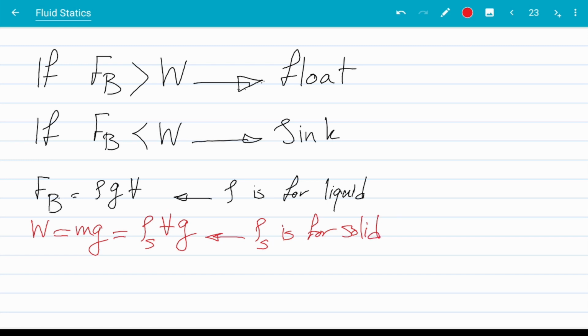Now these two equations are easily comparable. The volume term V in both of these equations is the volume of the solid object. g is the gravitational acceleration, and so only density is different between them. So I can say that the net force acting on this solid object is going to be the buoyancy force minus the weight, which is g times the volume of the solid, times (rho of the liquid minus rho of the solid).